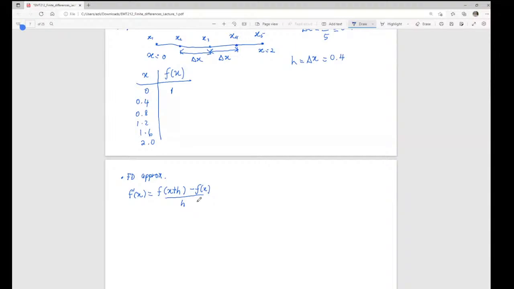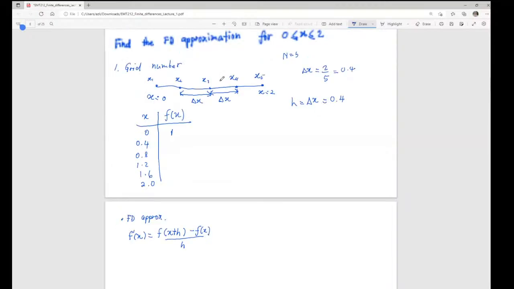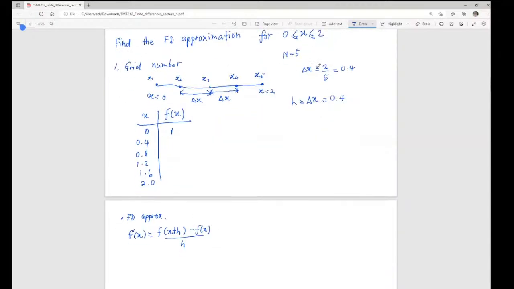Doctor, it should be 0.5. Yeah, it should be 0.5. It should be divided by 4. Right?